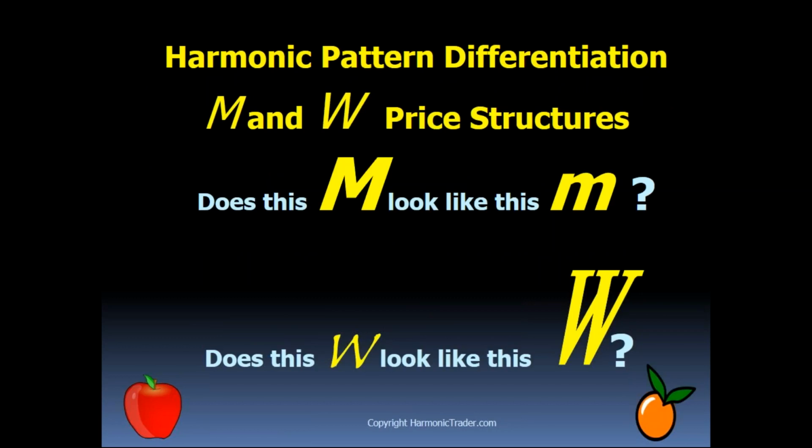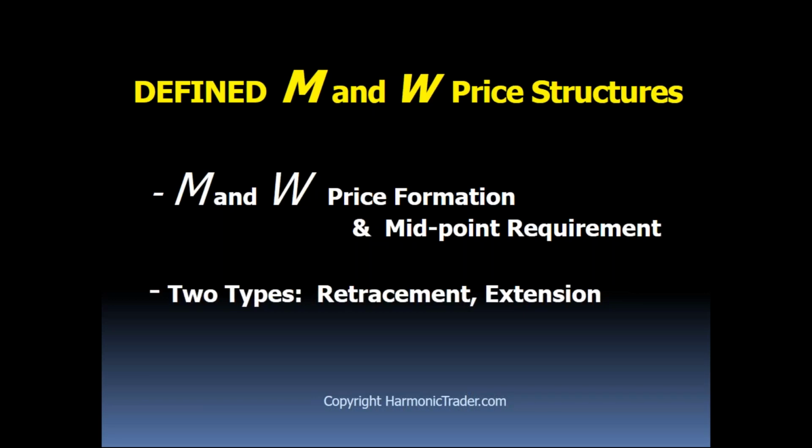It's as if we're comparing apples to oranges. Define M and W price structures. Now, when we look at these formations, they do resemble the M and W structure, but we focus on that midpoint requirement because that's the key starting issue of how we differentiate the structures.